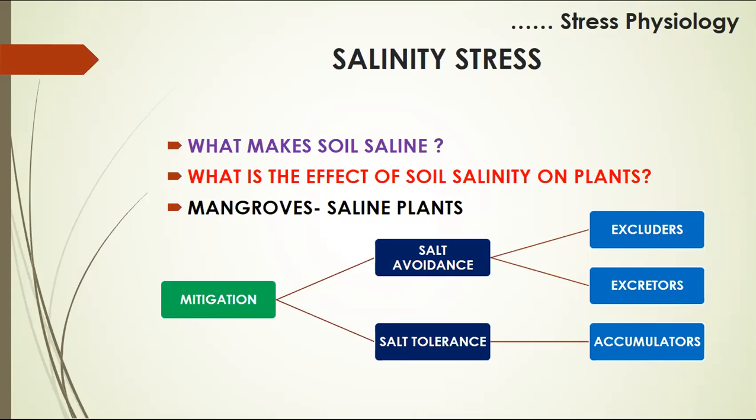But the morphological and anatomical differences at the first instance are primarily due to the fact that managing of saline environment is handled by mangroves in more than one way. Managing the salinity by mangroves is achieved by two ways: one, avoidance, and second, tolerance.